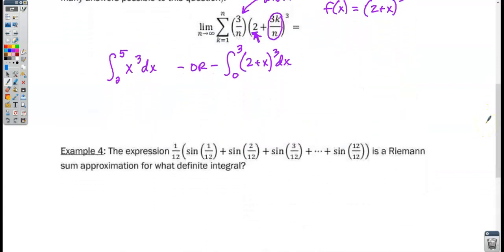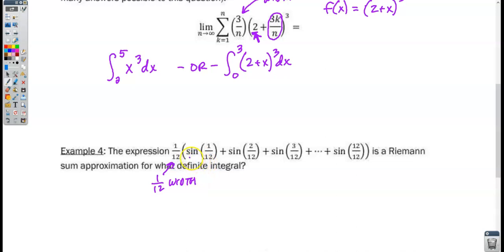The expression 1 over 12 times sine of 1 over 12 plus sine of 2 over 12, etc., is a Riemann sum approximation for what definite integral? Again, we could make some arguments that there are different answers to this, but we're going to go for the most obvious answer here. We've got 1 over 12 as our width.